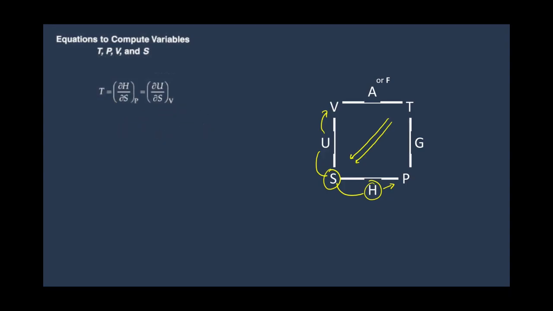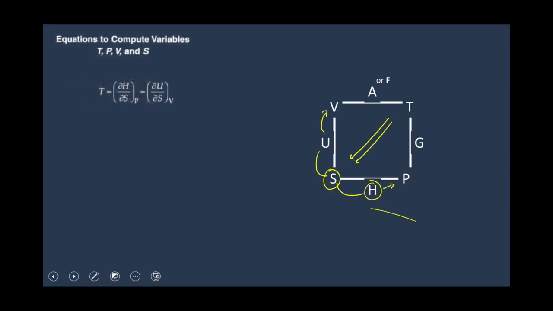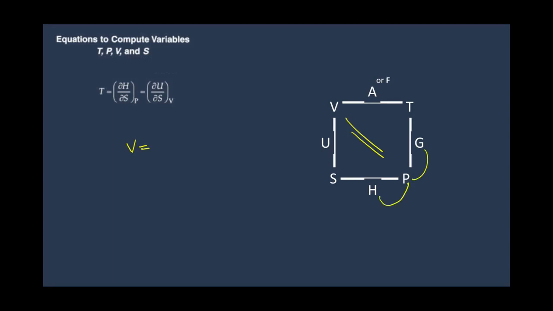Going to the second equation, maybe I'll erase here itself. So let the first equation stay here. Going to the second equation, I think, for V. V equals, so we have to put equals like this and then like this only.